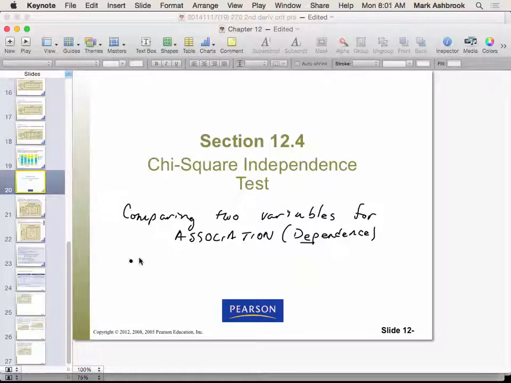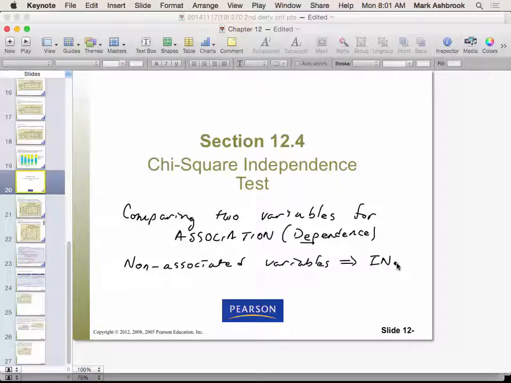Okay, non-associated variables are called independent. And what does that mean? It means the outcome of one of the variables does not have influence on the outcome of the other.